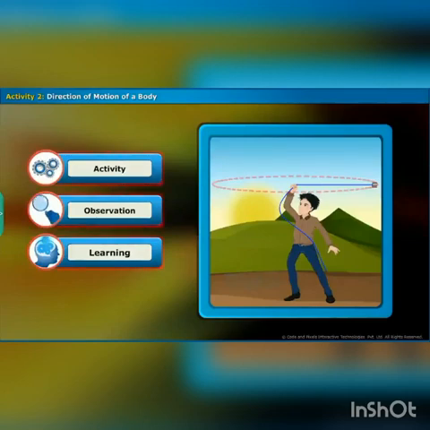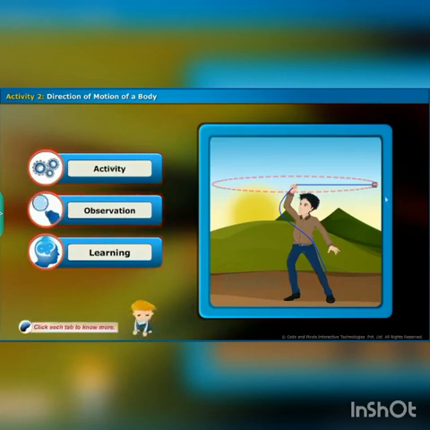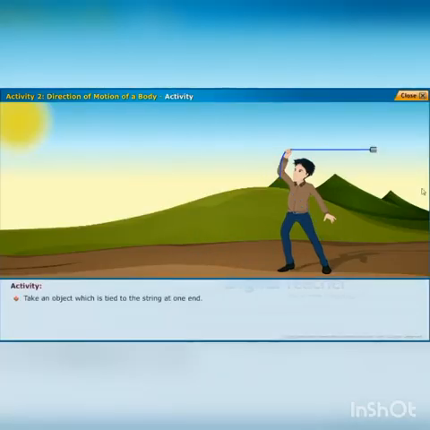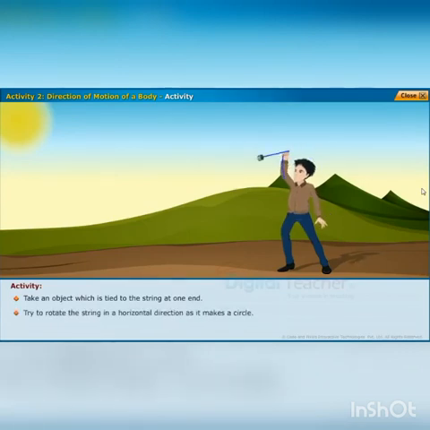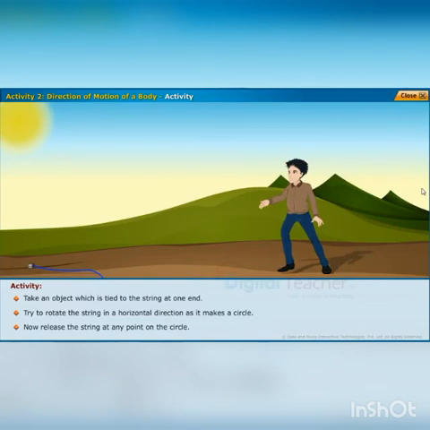Let us perform an activity for observing the direction of motion of a body. Click each tab to know more. Take an object which is tied to a string at one end. Try to rotate the string in a horizontal direction so that it makes a circle. Now, release the string at any point on the circle.